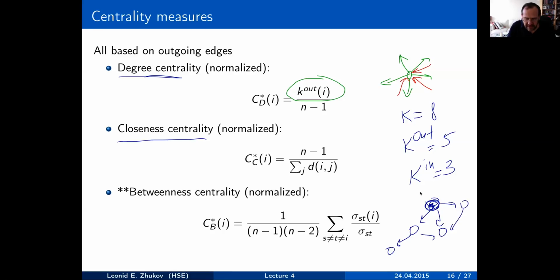In this case, for example, if you have a node here, an edge comes towards this node, and we want to calculate the closeness centrality for this node. We have to follow the direction of the edges. We cannot go against the direction of the edges.